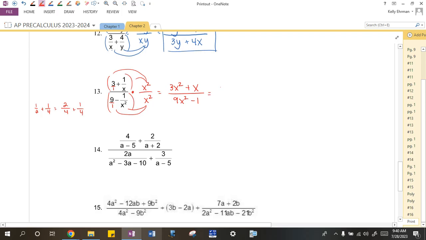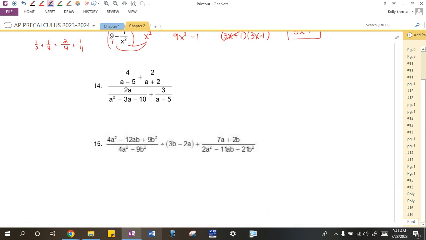We can do a bit of factoring. There's a GCF of an x in the top, so x times 3x plus 1. There's a difference of squares in the denominator, 3x plus 1, 3x minus 1. So 3x plus 1's cancel. And it's x over 3x minus 1 for our final answer.